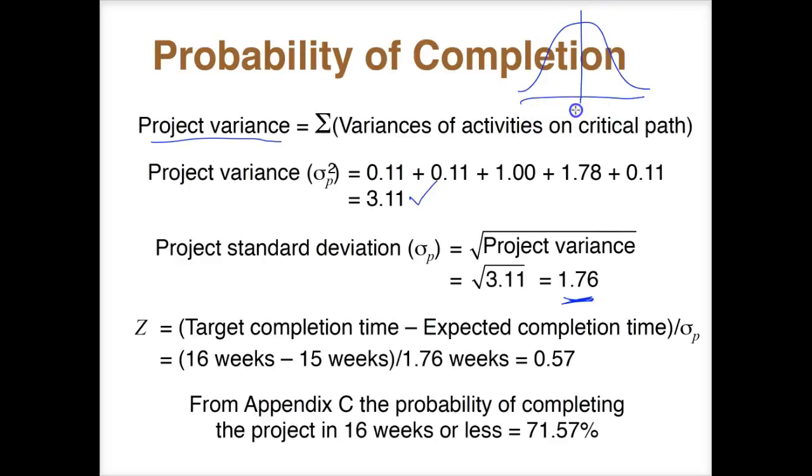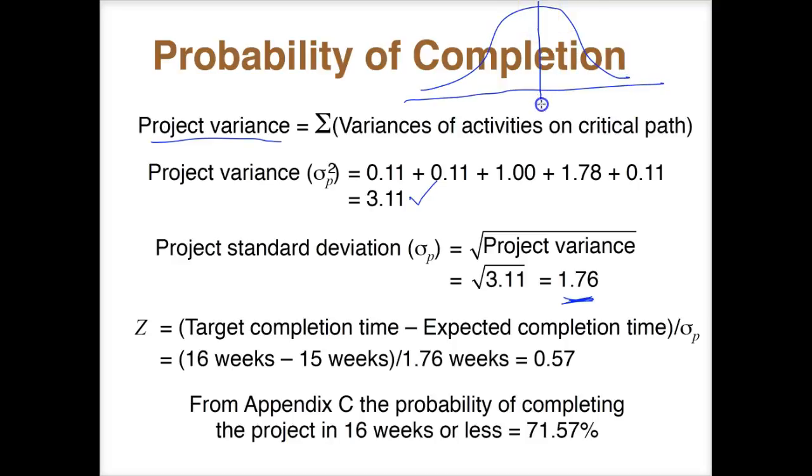Ideally, we want to finish within 15 weeks, but based upon certain percentages, we're going to classify the times in which we finish at about 1.76 weeks out. Okay, so make this a little bigger so that we can get a better idea here.